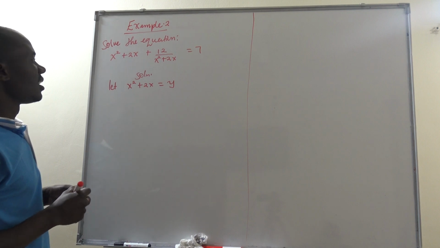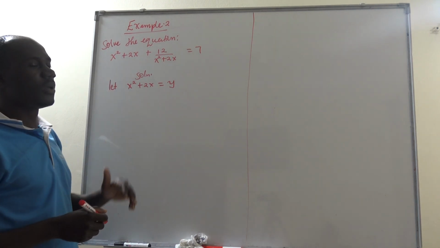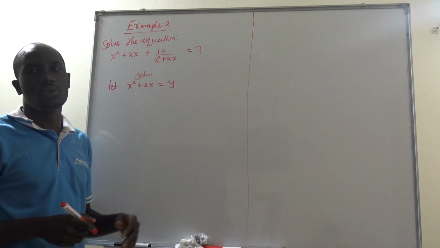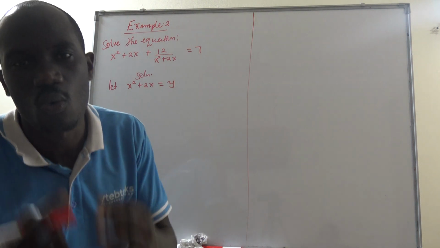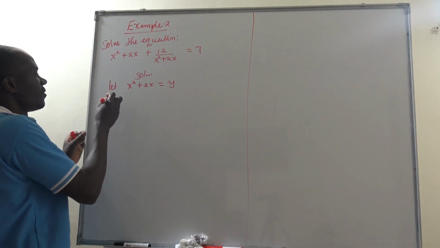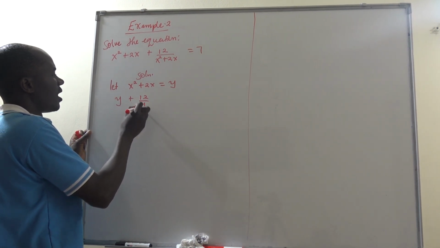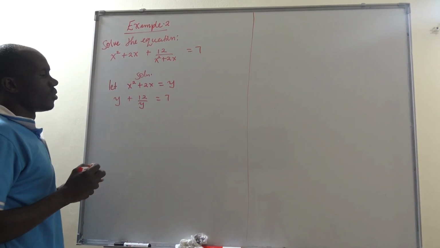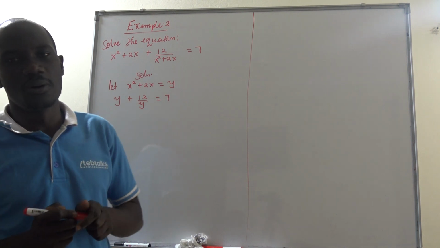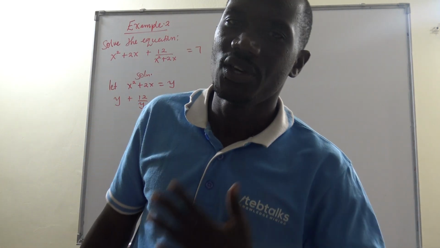After that step, wherever you see x squared plus 2x, just substitute the variable y. So we are going to have y plus 12 over y equals 7. What is the lowest common multiple? The lowest common multiple is y.